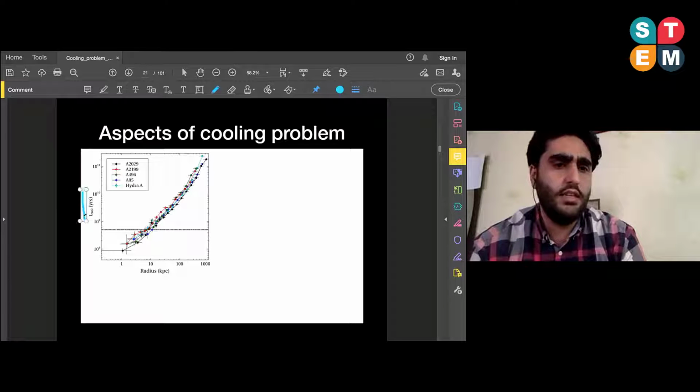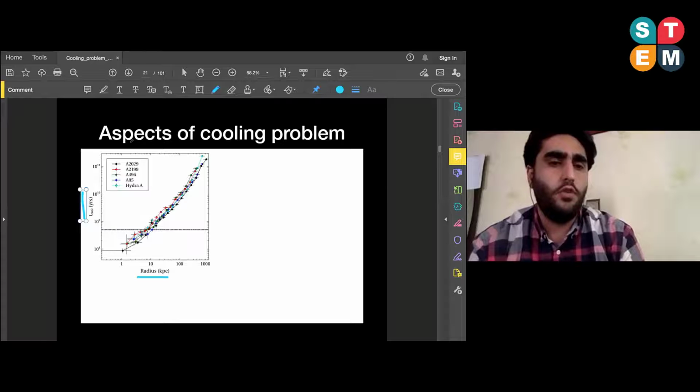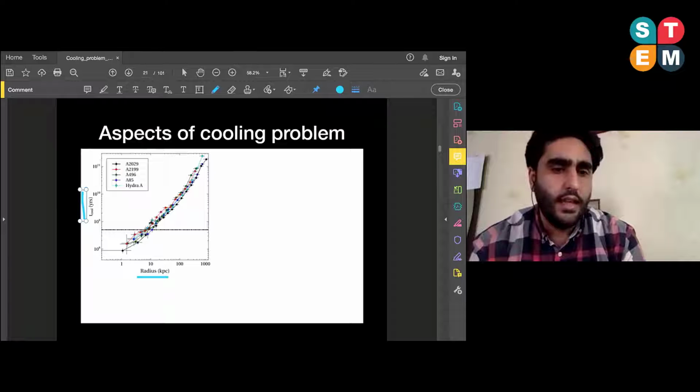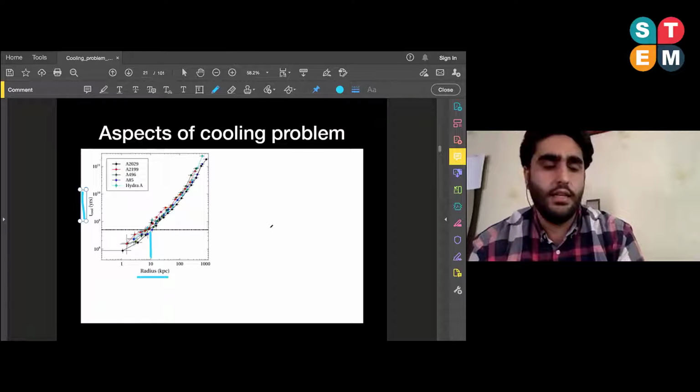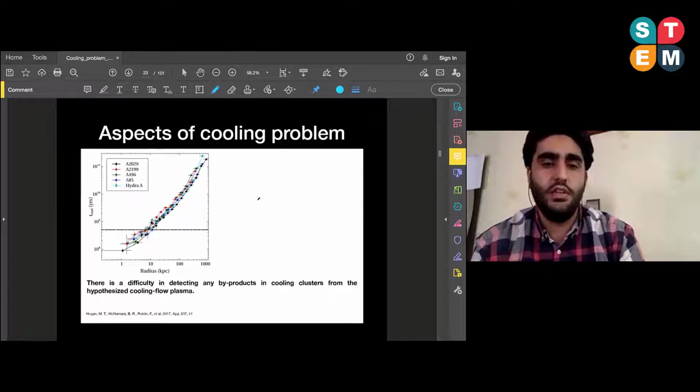Here you can see cooling time, and here radius, for 5 specific clusters. Below a radius of around 10 kiloparsec, the cooling time reaches less than half a gigayear. And the problem I just mentioned about the amount of cold mass happens here.